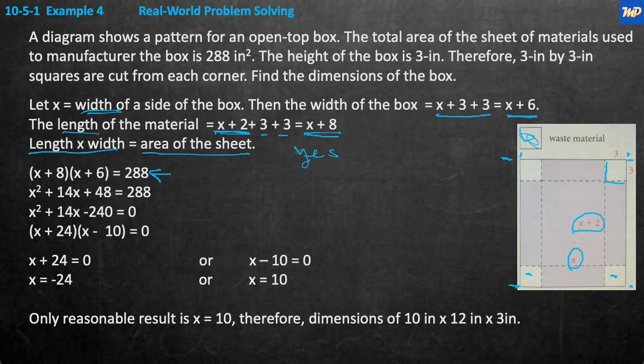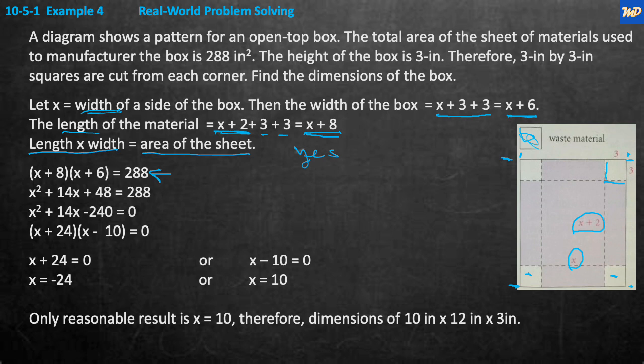So, what are the factors for that area? Well, length times width. X plus 6 was the width, and the length was x plus 8. Length times width: x plus 8 times x plus 6, and that equals 288.